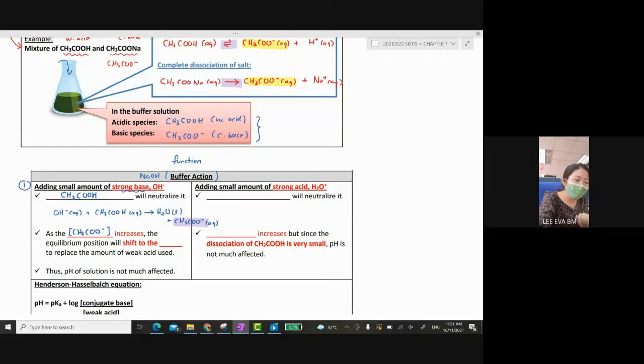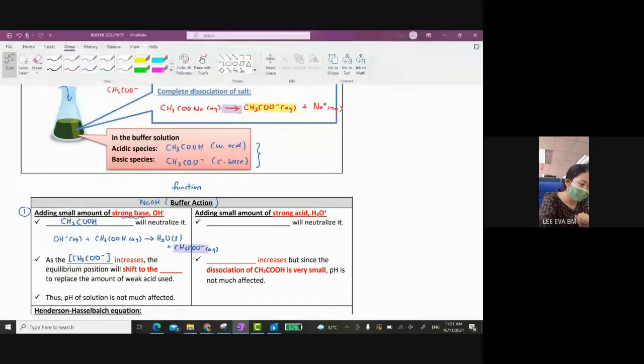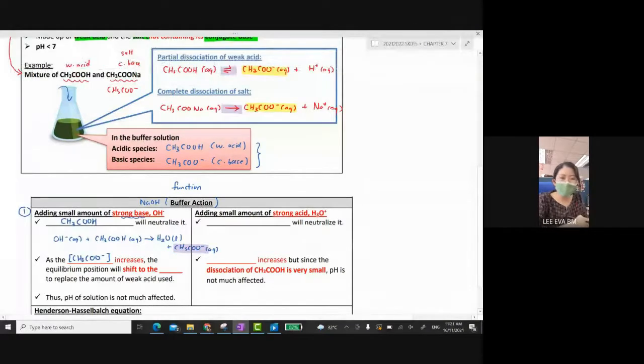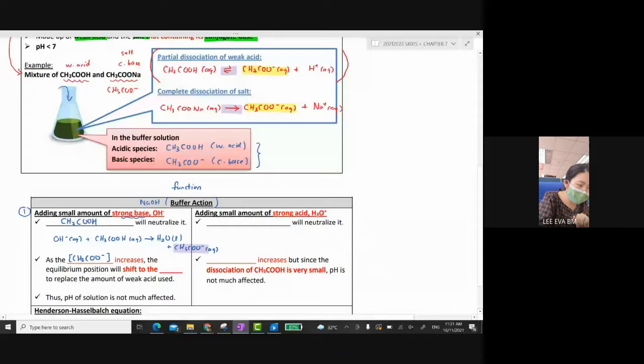So we want to look back at the equation over here. So if your concentration of conjugate base increases, kita patah balik kepada equation yang Madam bulatkan dekat sini. Do you see which one I'm highlighting? Madam highlightkan. So I'm highlighting this column. Do you see it?